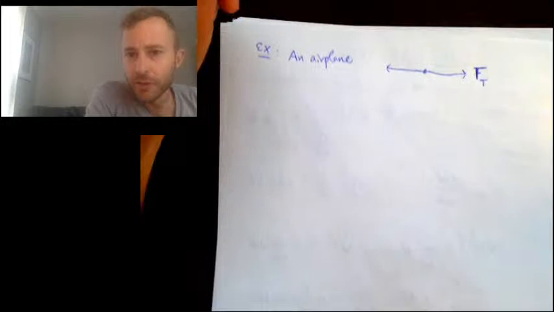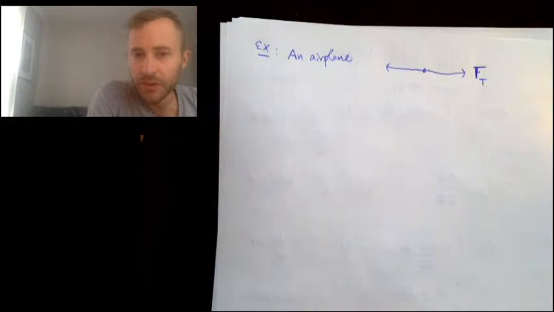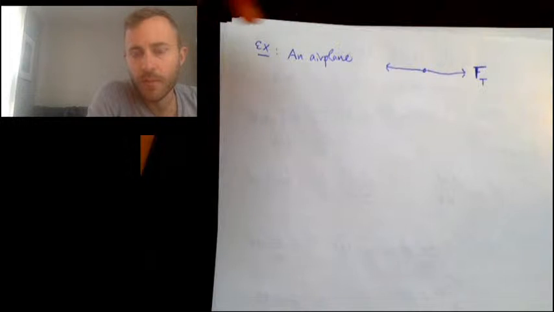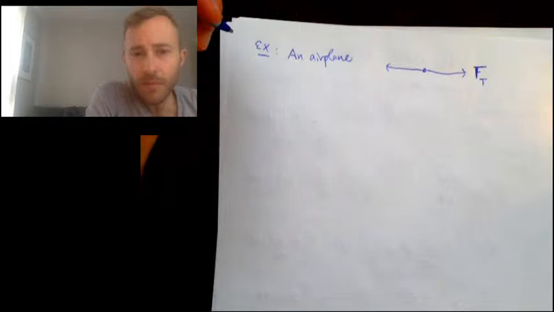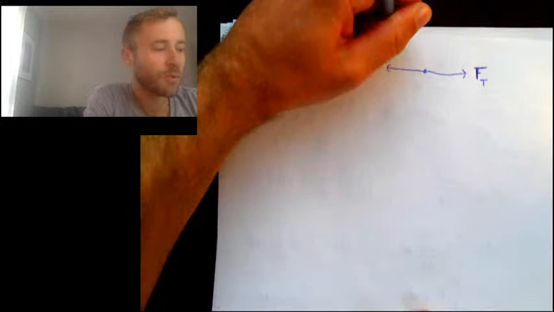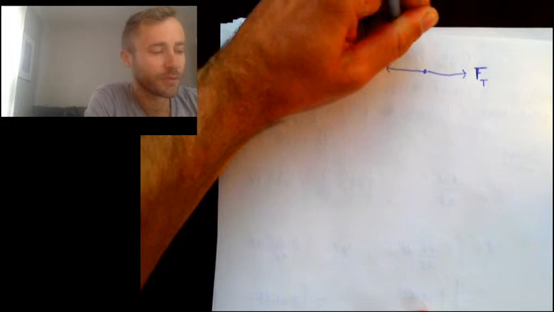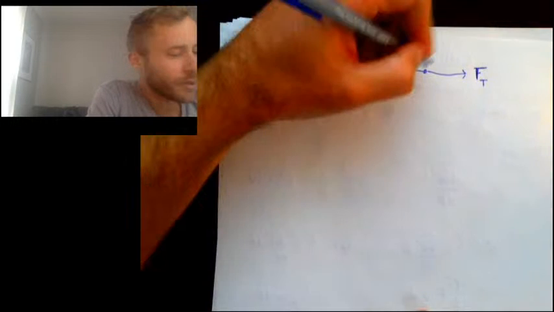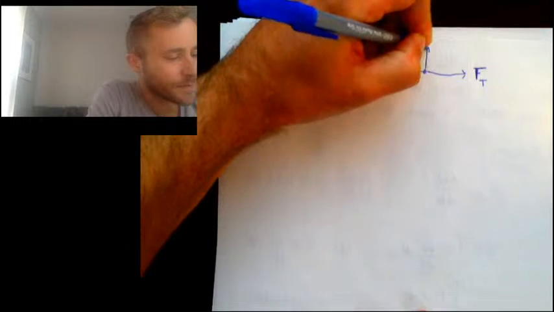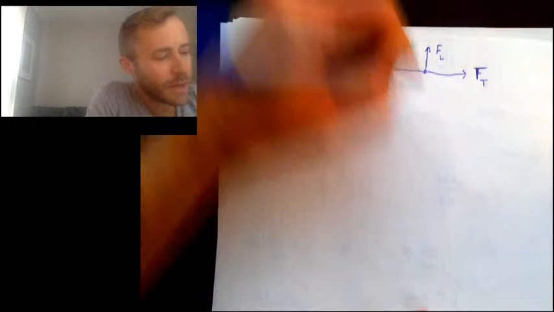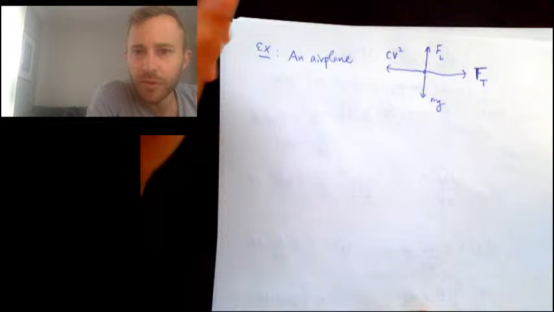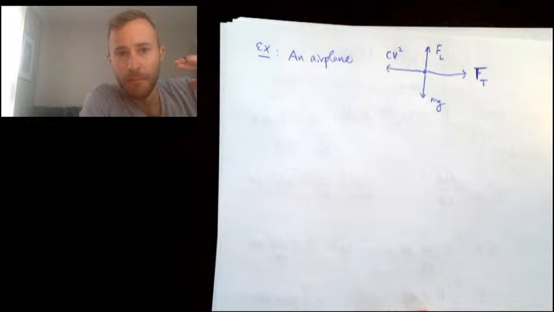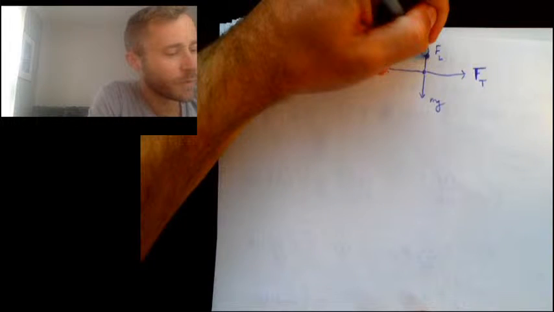And the drag force, we used in class the equation CV for drag force, but actually for airplanes, it's more appropriately modeled by CV squared. It has the lift force, and it has the weight force. Now if a plane is in level flight, the lift force has to match gravity.